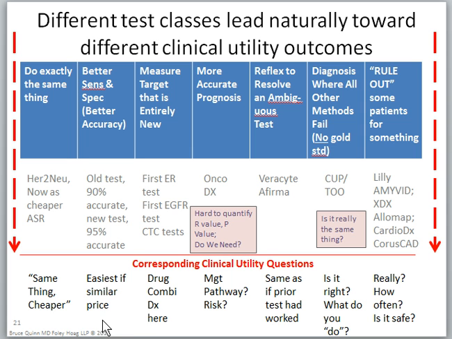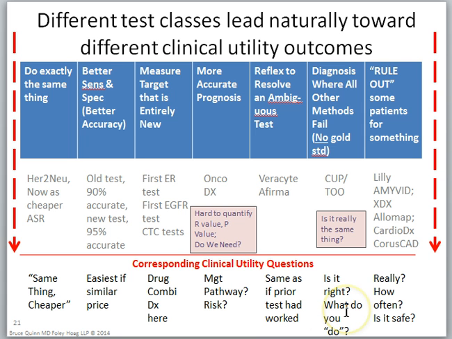If you measure targets that are entirely new, often combinations of diagnostics have fallen here. If you have a more accurate prognosis, we want to know exactly how the management pathway changes and by how much. Are there any risks of the new test? For the reflex to solve an ambiguous test, the questions are probably the same as if the prior test had worked. So we're actually in a better starting point there. They tend to go fairly well.